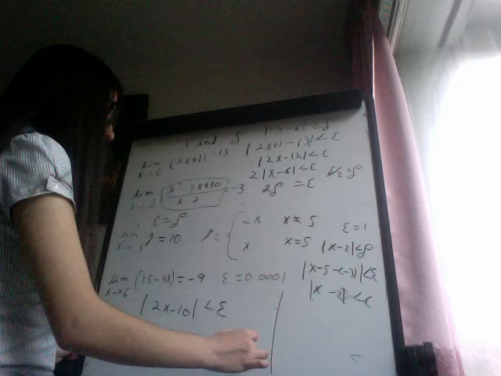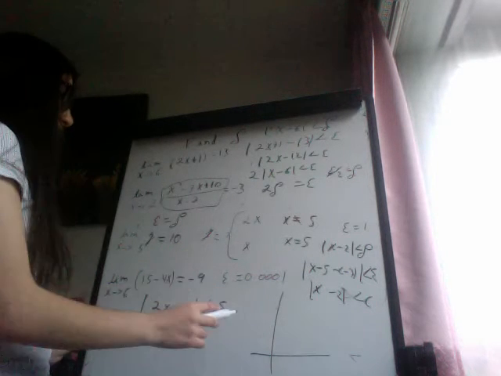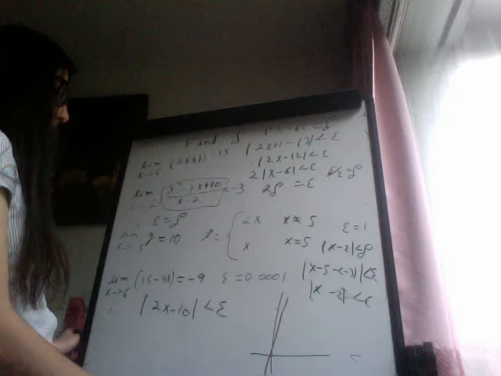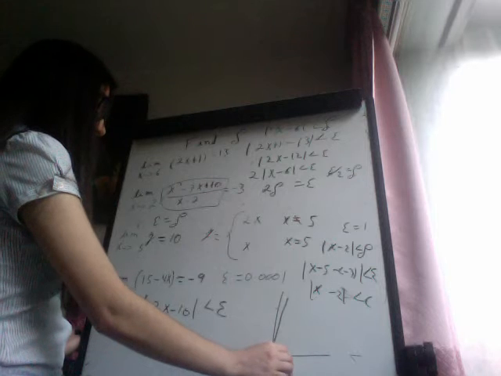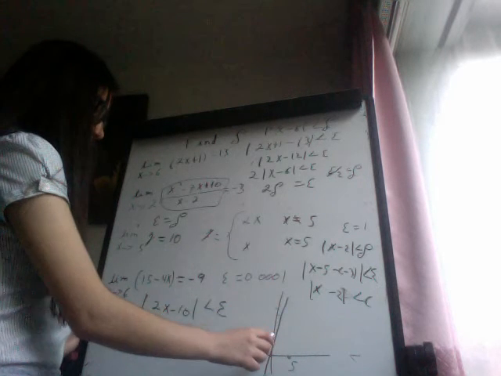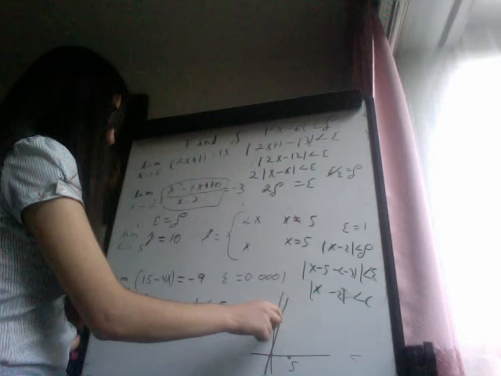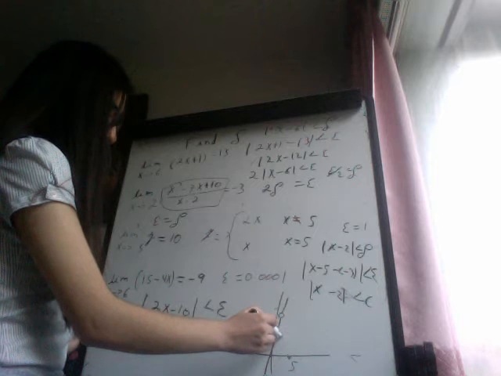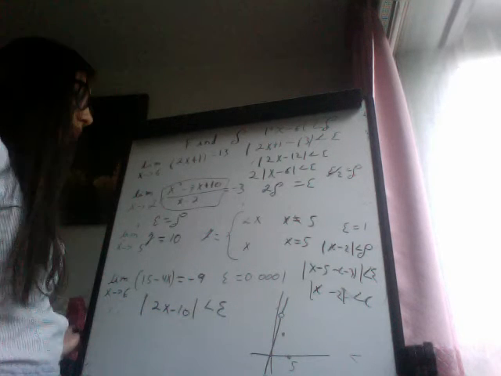So here we have the function 2x. But for the value of x equals 5, let's say here, instead of having 10, we have 5. So this looks something like this. And the value here is, let's say here.